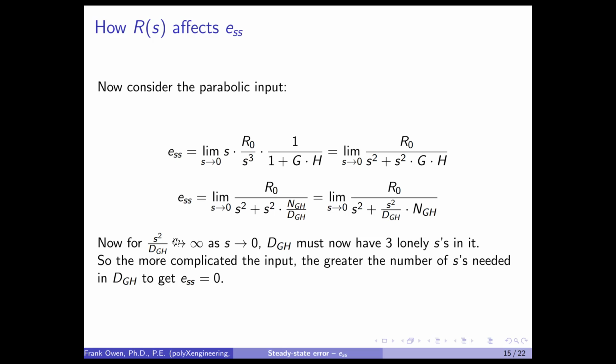Except when we do this cancellation here, I need to have 3 free integrators, 3 lonely s's in DGH, so that we're left with 1, so this can go to 0, this can go to infinity, and then the whole thing can go to 0. Okay, so it's just a little bit more complicated.